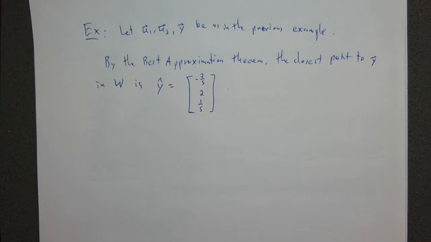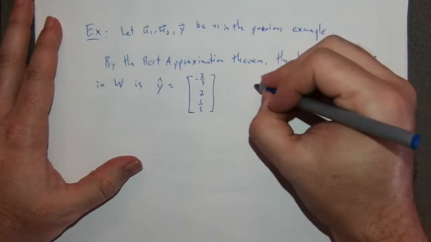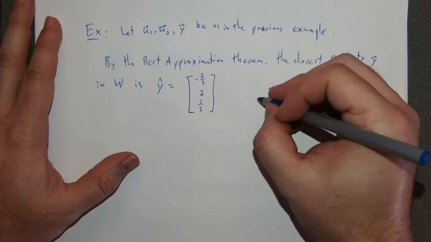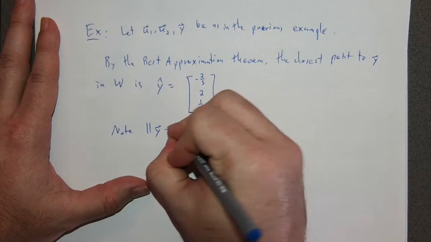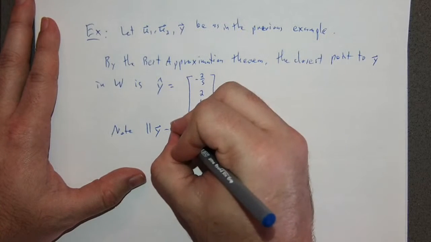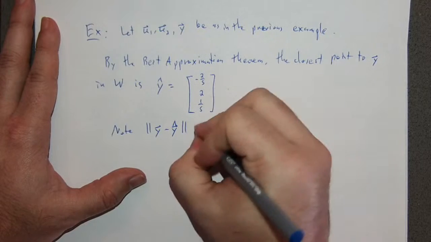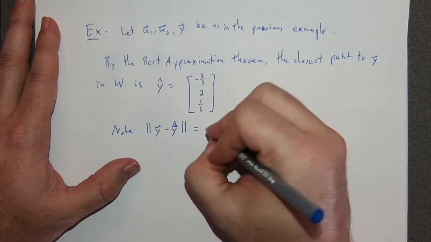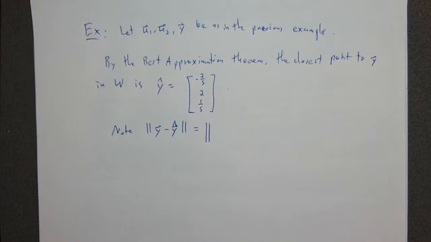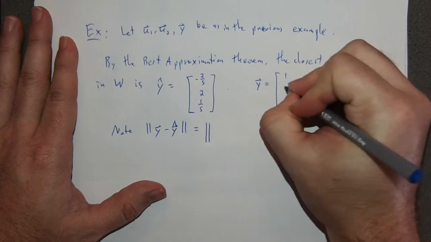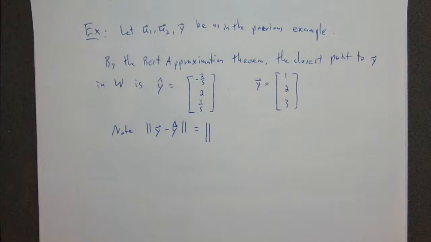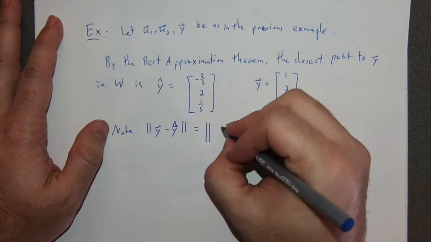Well, what is the distance from y to y hat? Note the distance from y to y hat is the length of the vector y minus y hat. Just to remind myself, y was 1, 2, 3. So this would be the length of this vector.